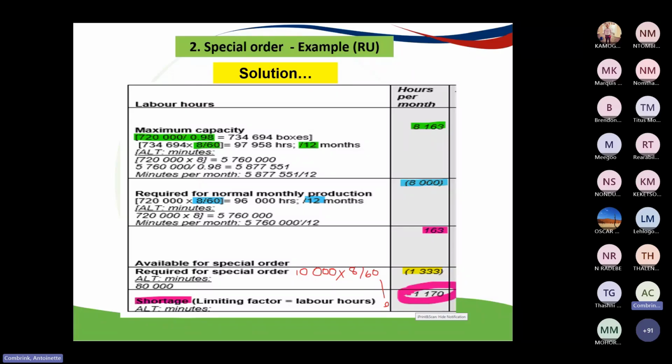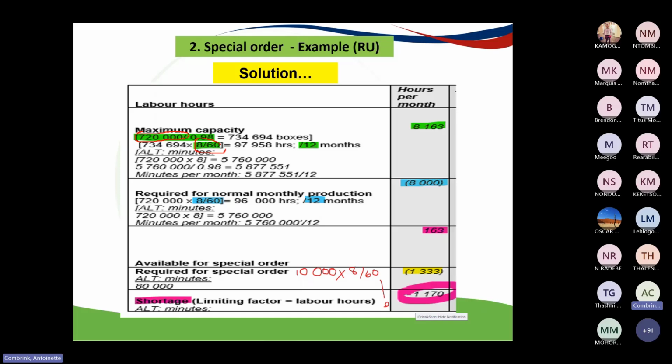So we know we've got 720,000 units they were able to produce normally, and we're already at 98% of our capacity. So now we determine that our laborers can at maximum make 734,694 boxes. But now we want to know how much time they're going to take.